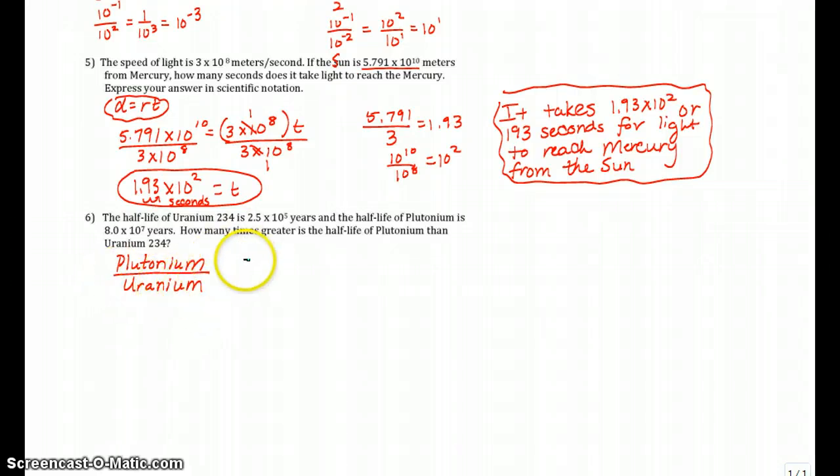Labels are very important. So you want to know how many times greater, how many times will uranium go into plutonium, divide into. So it's going to be 8.0 times 10 to the 7th, that's plutonium's half-life. And then uranium's half-life is 2.5 times 10 to the 5th.